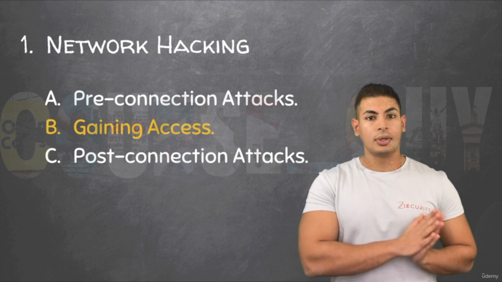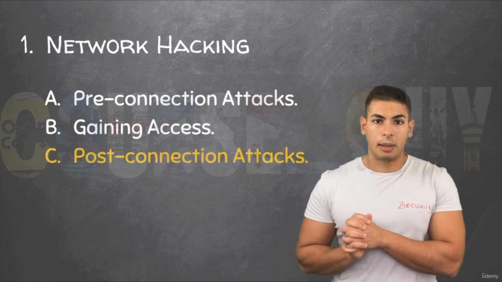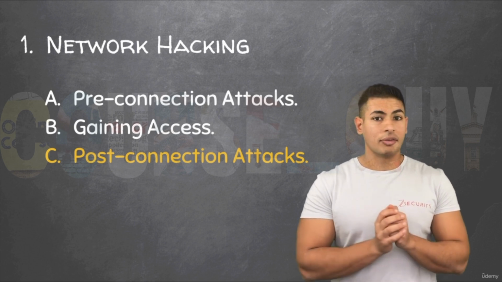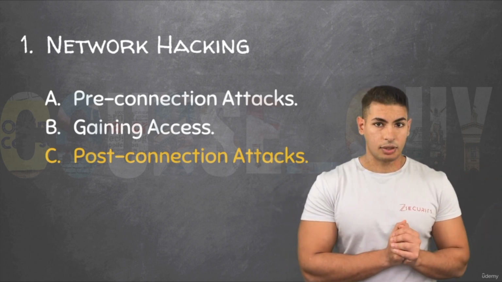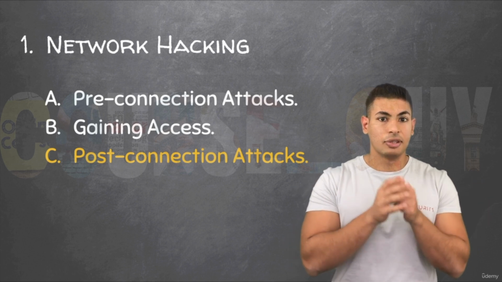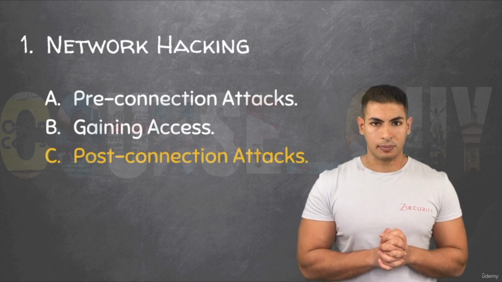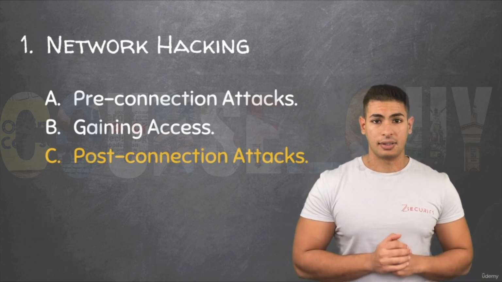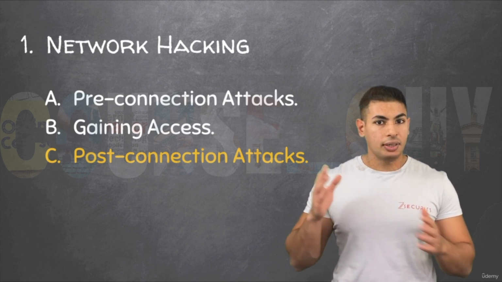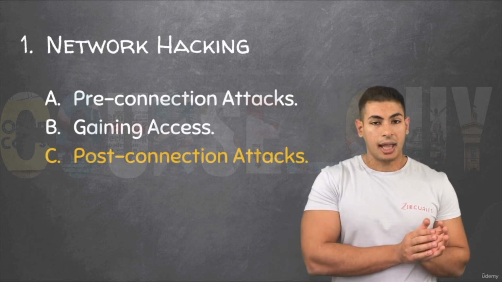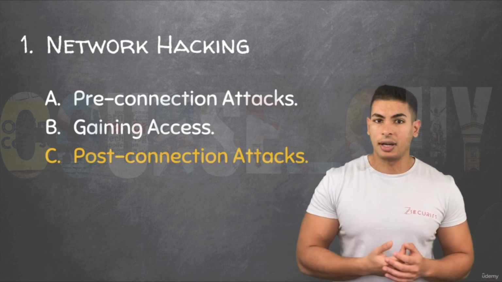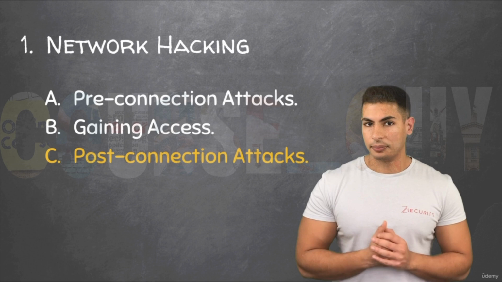Once you have the access, you can move to the third subsection, which will apply for both Wi-Fi and wired networks. All of the attacks that you'll learn in the third subsection apply whenever you are able to connect to the network, once you're able to gain access to the network. And here is where the real fun starts, because you're going to learn a number of powerful attacks that will allow you to intercept the connections in the network and capture everything sent in it, including usernames, passwords, URLs, chat messages, and so on.